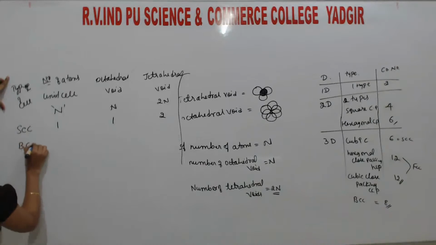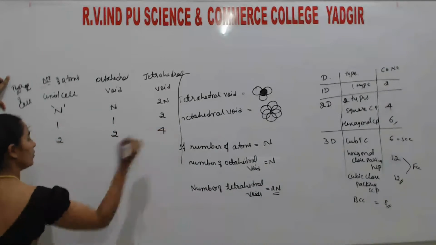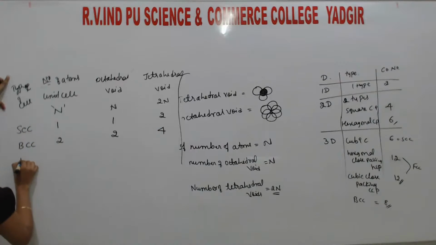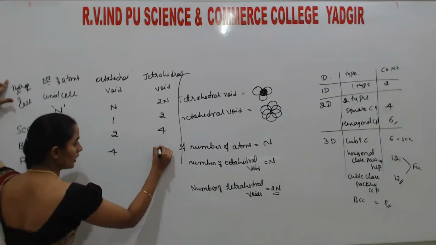Next, in BCC, number of atoms is 2, octahedral voids 2, tetrahedral voids 4. Next, in FCC, number of atoms is 4, octahedral voids 4, tetrahedral voids 8.